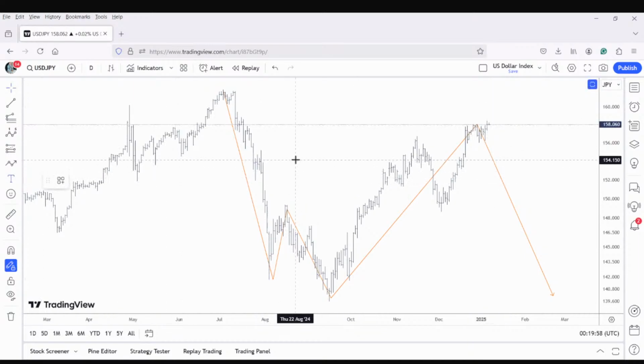Potential sell around 158. 158 handle, correct? We'd like to place a stop loss above that. So it's going to go above 161.